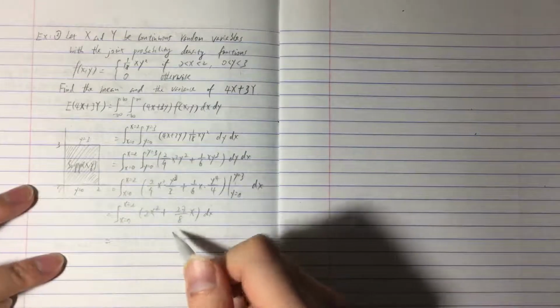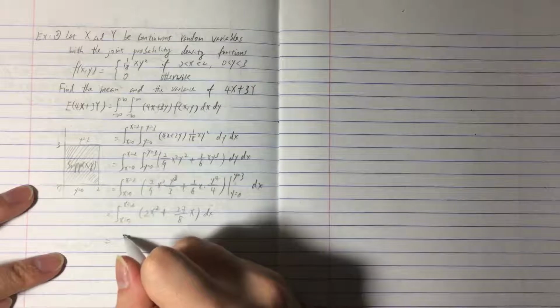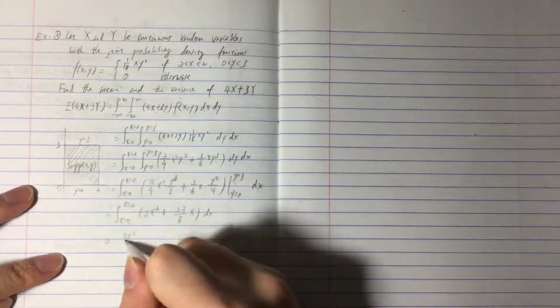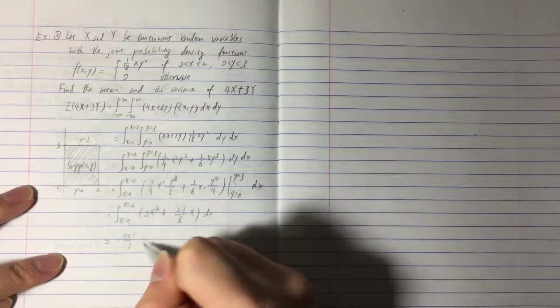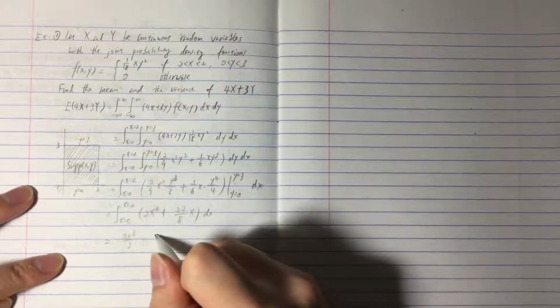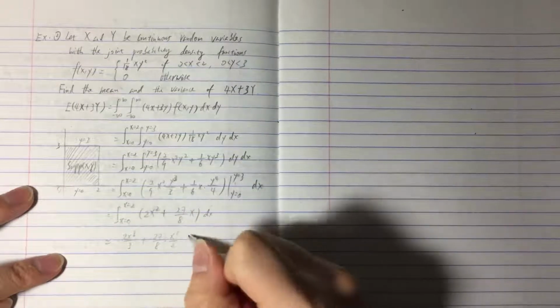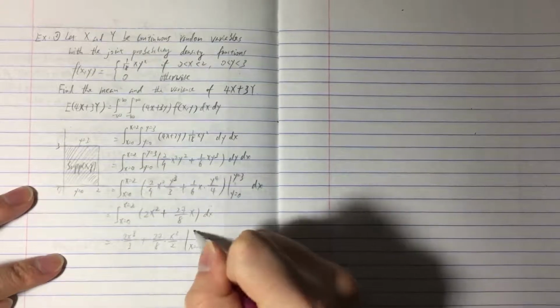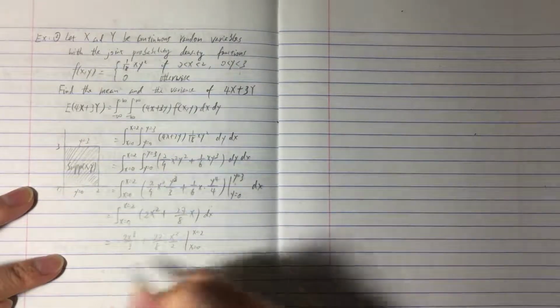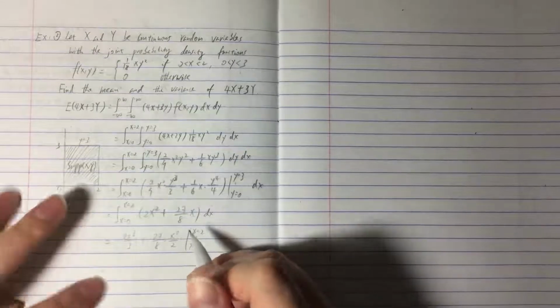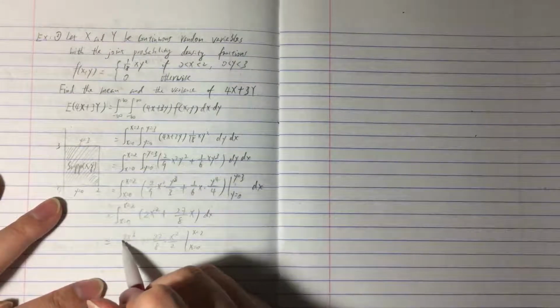Then take the antiderivative with respect to x. I get 2x cubed over 3 plus 27 over 8 times x squared over 2. Evaluate x from 0 to 2. If I plug in 2, 2 cubed is 8. 8 times 2 is 16.